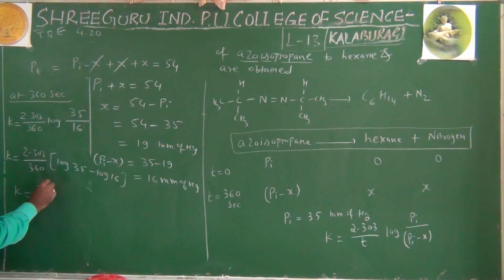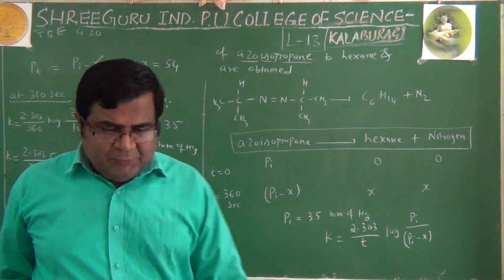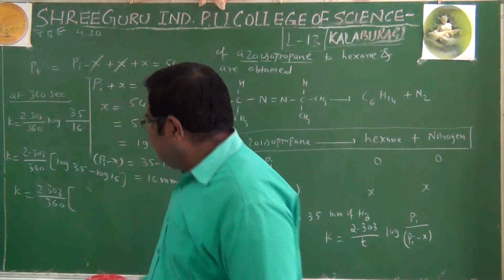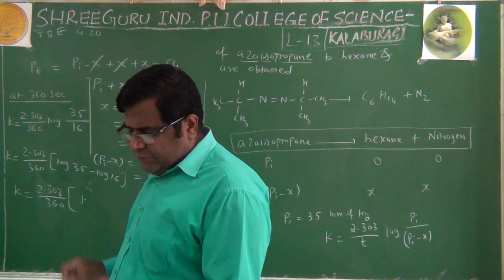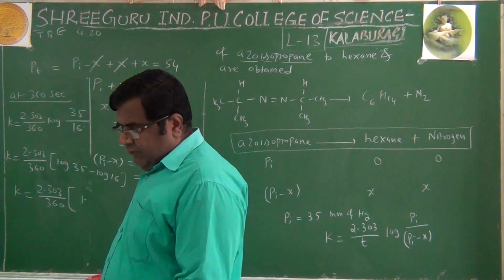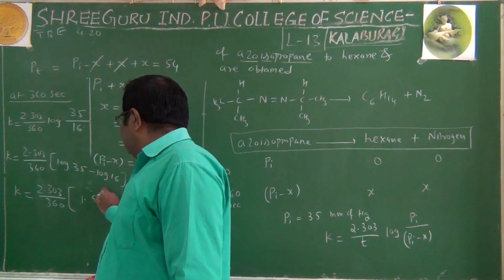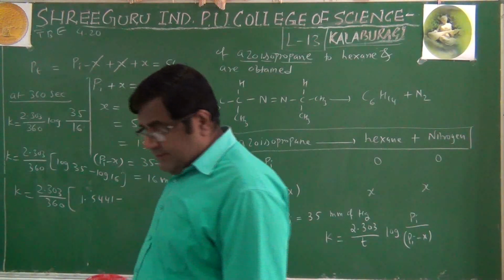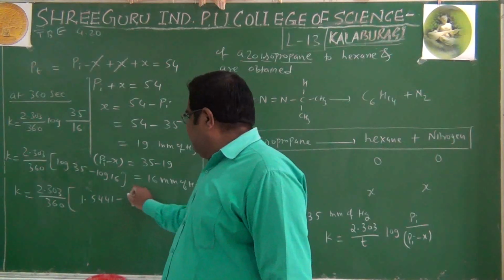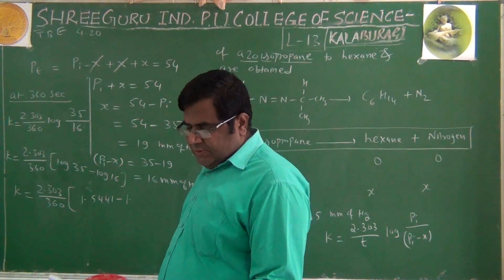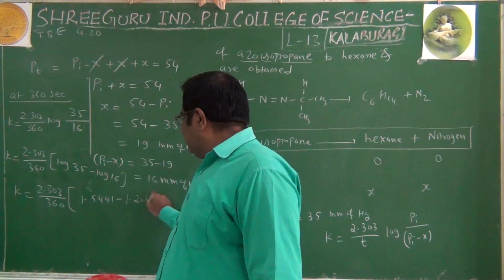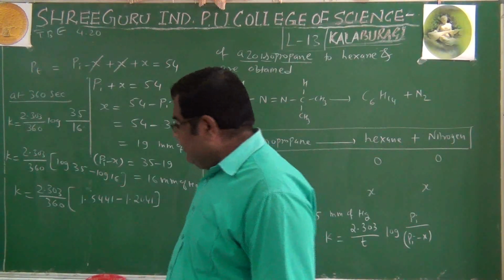So it is 2.303 by 360. I have these values of log 35 and log 16 here. 35 is a 2-digit number, log 35 is 1.5441, and log 16 is a 2-digit number, 2 minus 1 is 1, and log 16 is 1.2041.